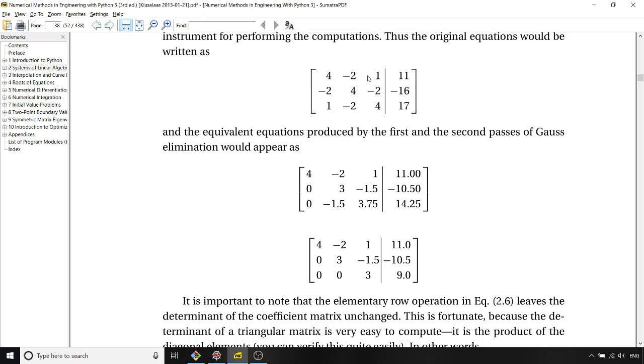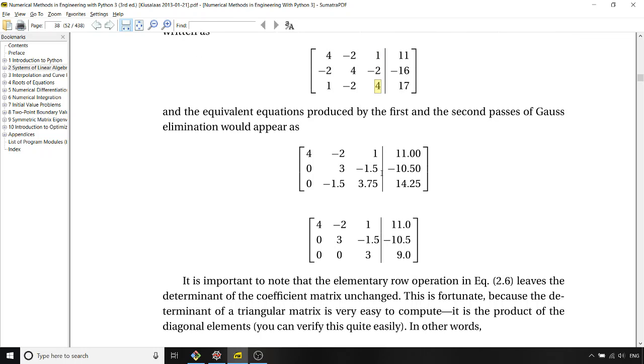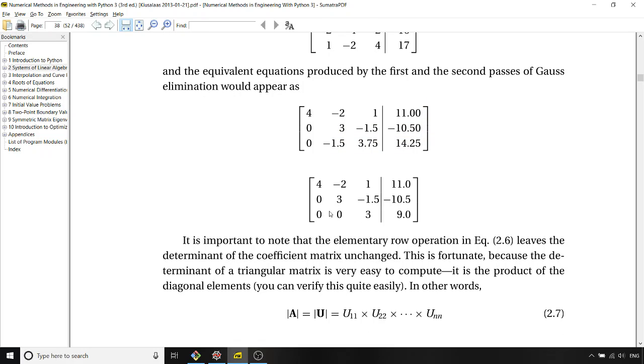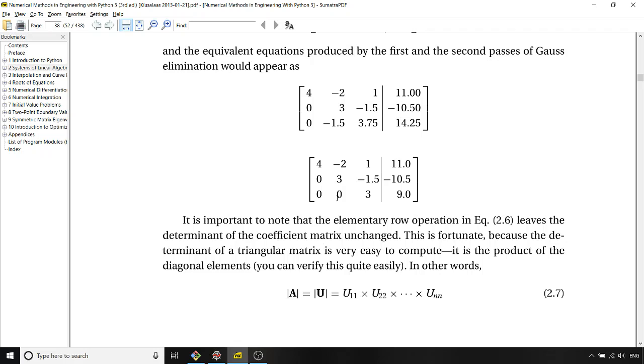The first step will be multiplying the first row by some factor and adding it to the second row element by element, I mean this -2 multiplied by some number, and 1 multiplied by the same number, added on this. Then we will multiply the second row by some number and add it on top of this. Then we will arrive in this form. So it will be just like 3 equations, but in matrix form. That's simple. This is how the Gauss elimination method works.